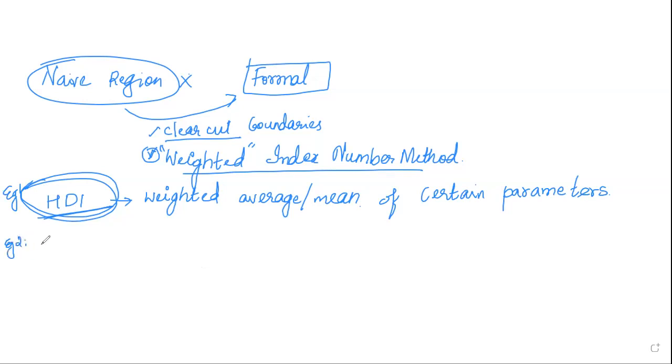Example number two: let's say that I have to calculate the employment parameter in the region of Kottayam, or in any given region that I am taking for planning. I am trying to calculate the employment ratio of that particular region. So what are the parameters that I will take into account?